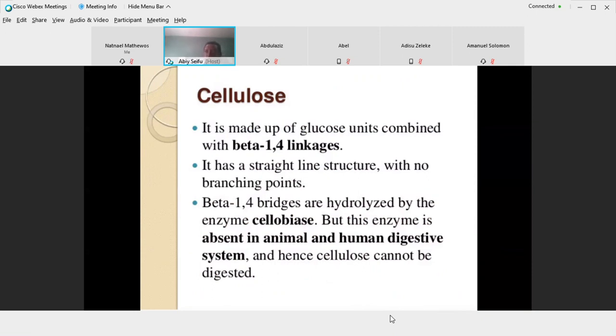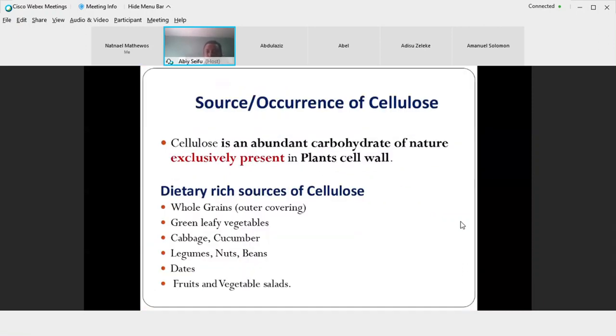Initially, when you see the function of carbohydrates, not all of them are digested. This form of carbohydrates is called fibers. Among them is cellulose. So our body lacks what? An enzyme which enables digestion of the beta linkage of glucose.